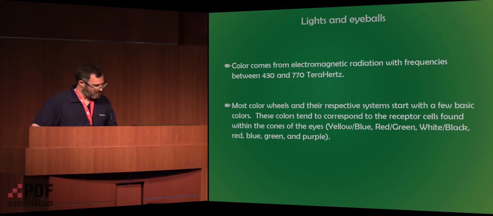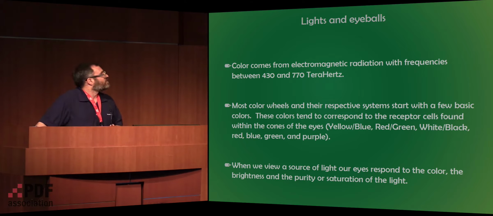But there is a genetic mutation that causes color deficiency, color blindness, where you can have people who do not see red, do not see green, or less commonly do not see blue. There's also another mutation where women, in particular, have an extra cone so that they can see more reds than men usually. So the point is that perception of color is not uniform across everybody. Not everybody is going to see color the same way that you do, which is what makes it a bit of a challenge.